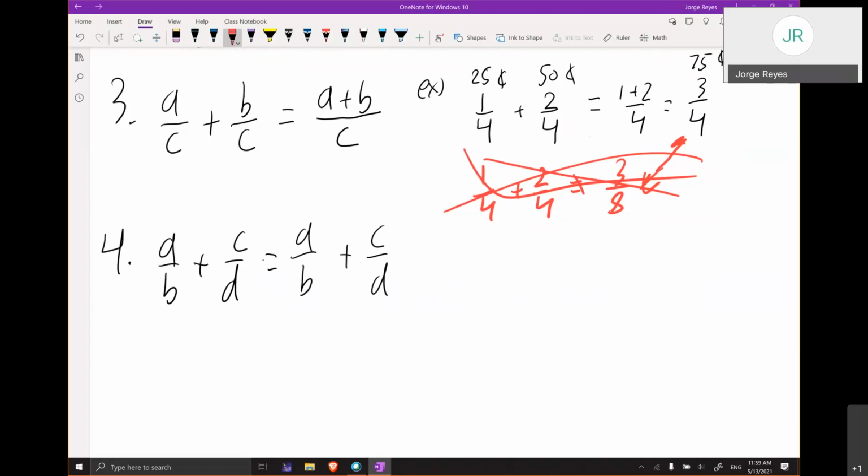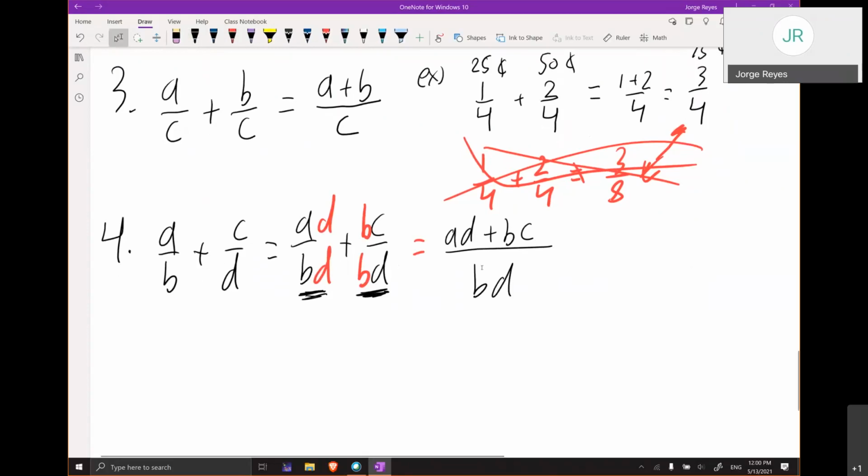Here I have a B, and this is a D, so I put a D on the top and bottom here, and vice versa, a B and a B there. Now these match. So the bottom is BD, and the top you just add: AD plus BC. Ta-da!